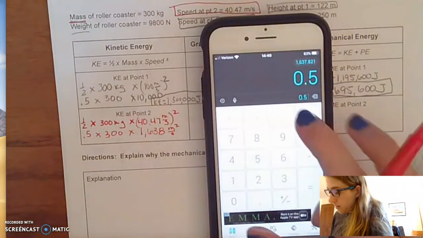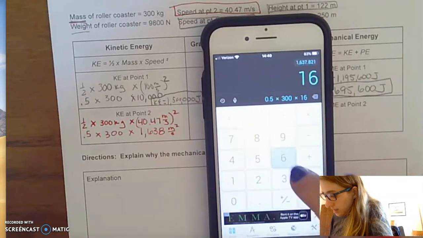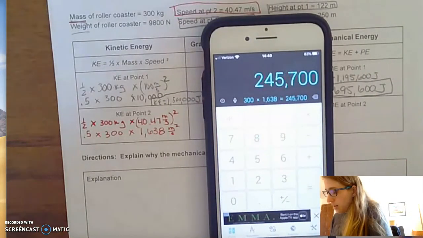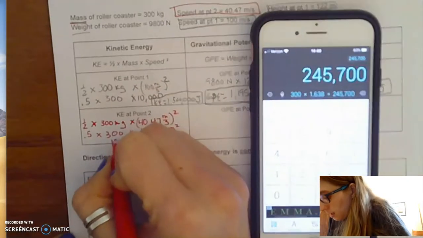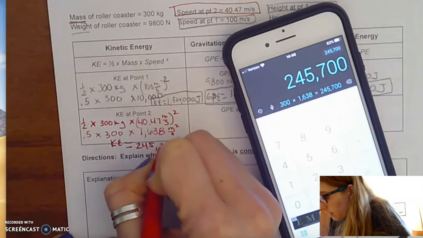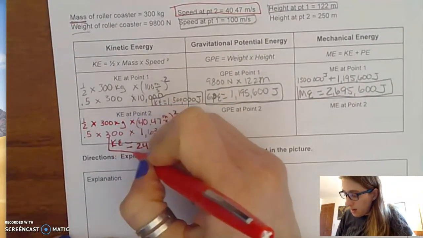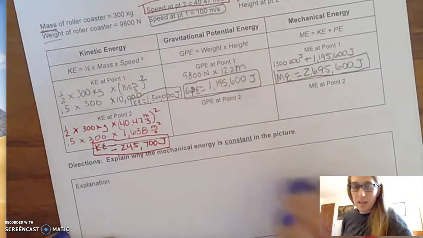So 0.5 times 300 times 1,638 equals kinetic energy at point 2 of 245,700 joules. So then I can box that.